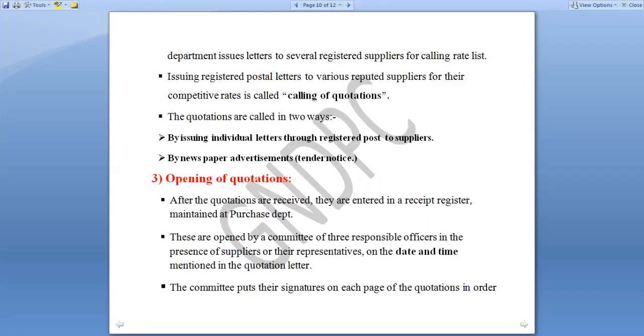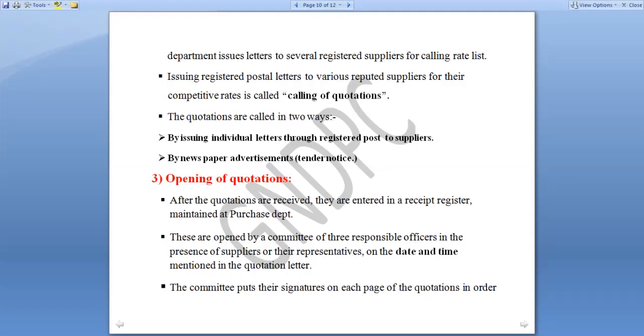Now, opening of the quotations. After the quotations are received, they are entered in a register as a receipt, which is maintained by the purchase department. These are then opened in front of three officers in the presence of suppliers or their representatives on the date and time mentioned in the quotation letter.